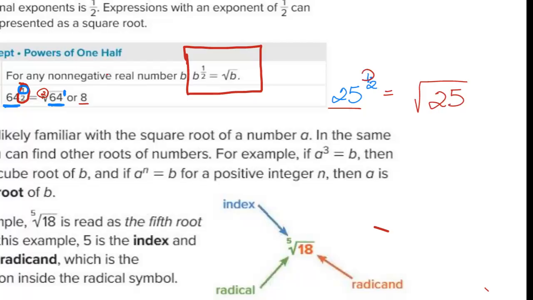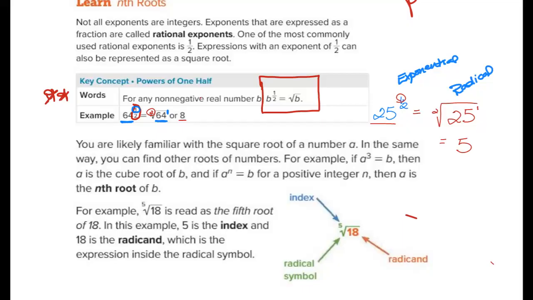If we wanted to, the 1 could go here because that is to the first power, and the 2 goes there, saying what two numbers multiplied together give you 25? And that answer would be 5. But this is how you write it back and forth. Okay, so this is in exponential form, and this is what we call radical form, underneath the radical sign.